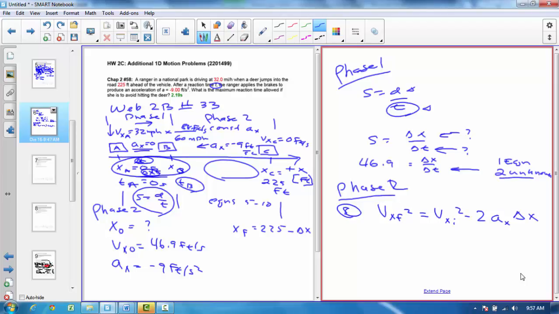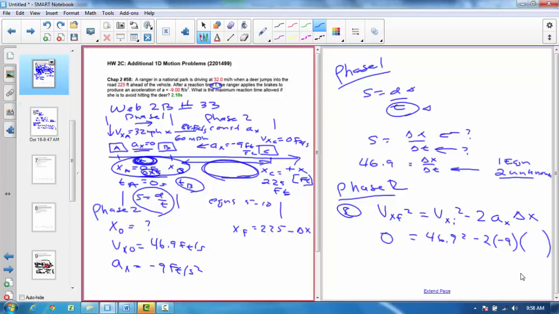We know our Vx final squared is 0. We know our initial speed was 46.9. Ax we're given, right? It's negative 9. And our delta x is what? We're looking for that, given that the total is 225. So we've got 225 minus delta x.